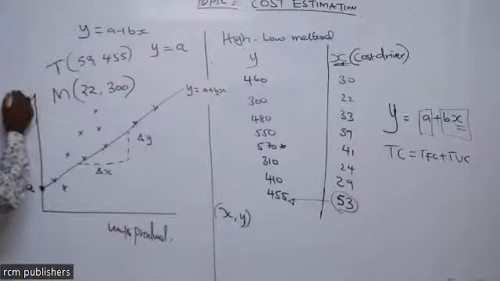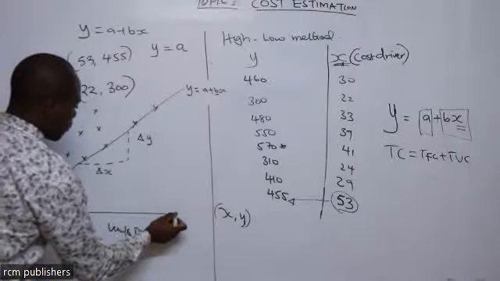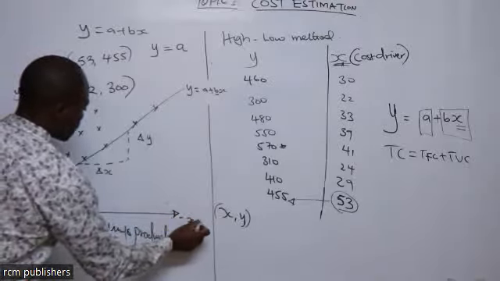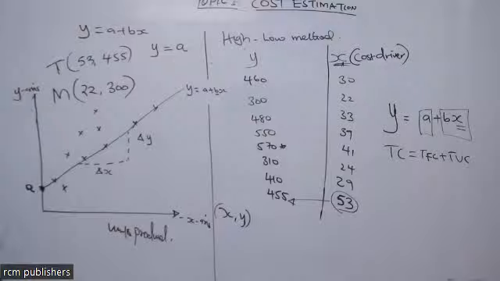When it is going to cross the y-axis, the point at which it crosses the y-axis is what we call the y-intercept. So here is what we have as y-intercept.